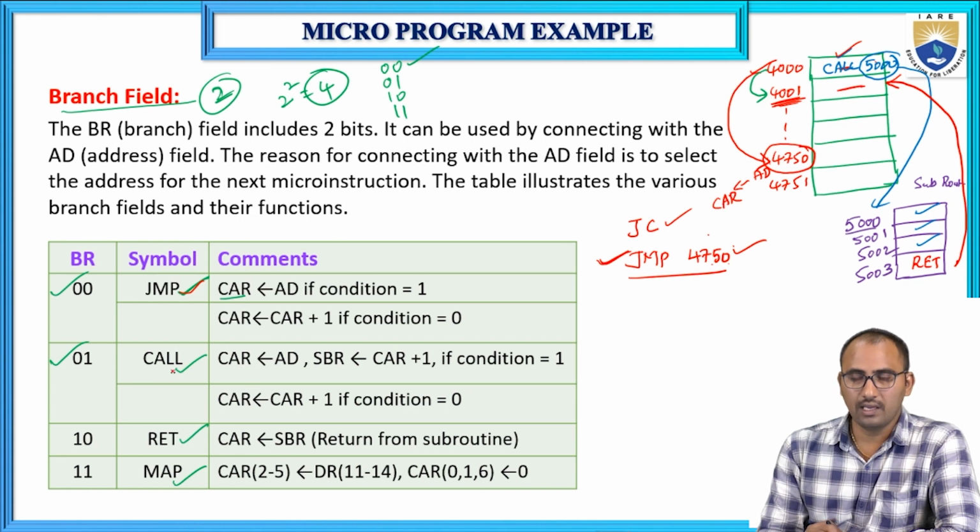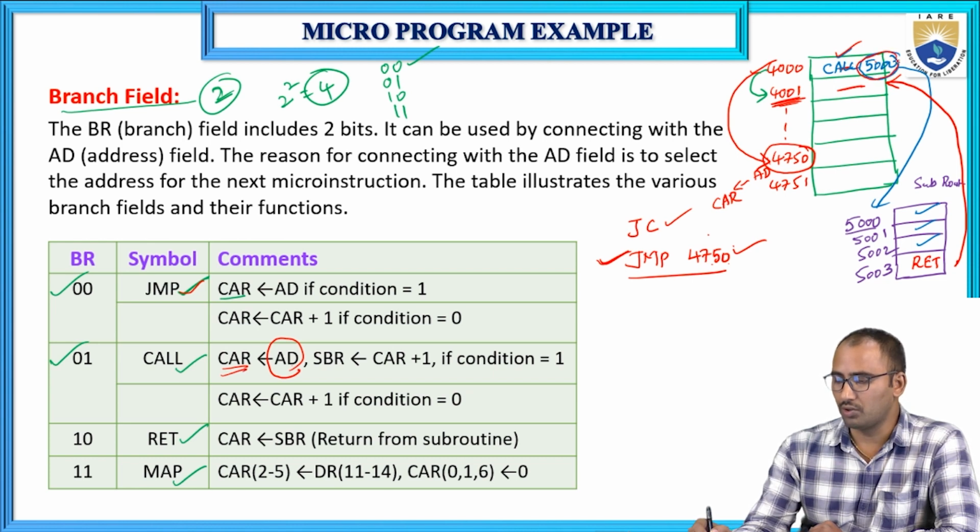Whenever we call the subroutine, if the condition is true, what will happen? It will go to the subroutine. In order to go to the subroutine, the address will be given to the control address register. The address will be loaded into the CAR. What is the address here?